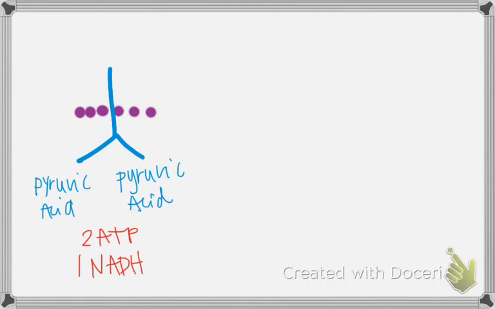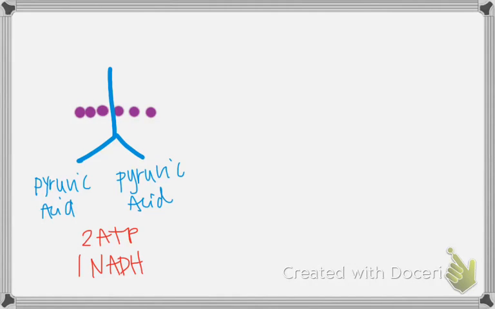Okay, so now there's no oxygen, so the Krebs cycle can't happen. So no Krebs cycle. Either alcohol fermentation or lactic acid fermentation are going to happen. And luckily for us to remember, they're really similar, so it's not very hard to remember.